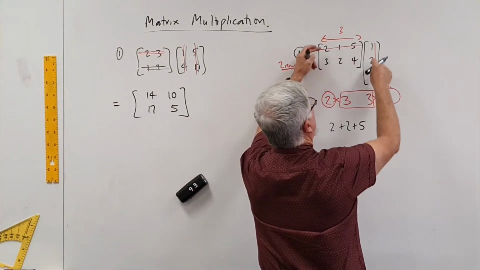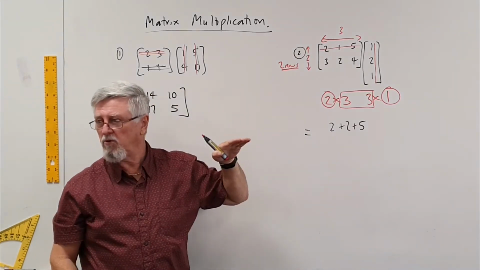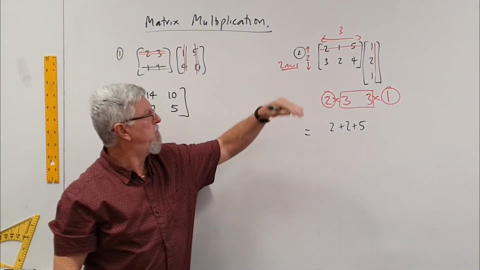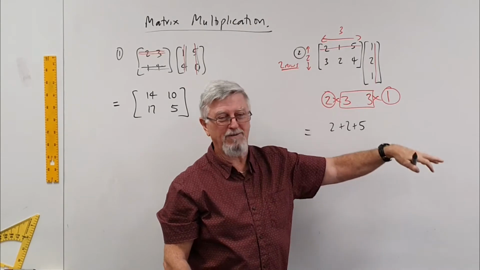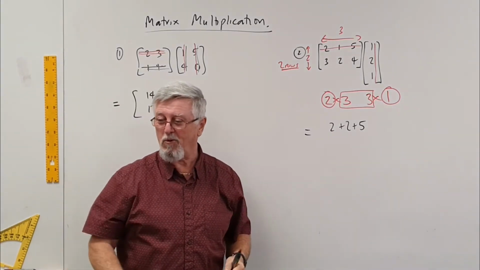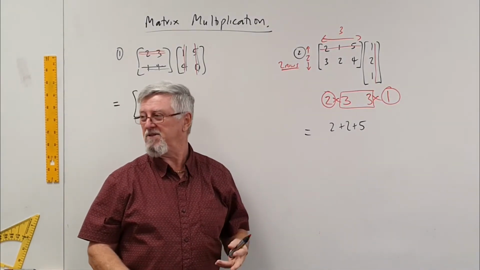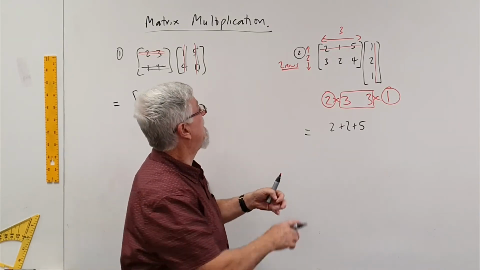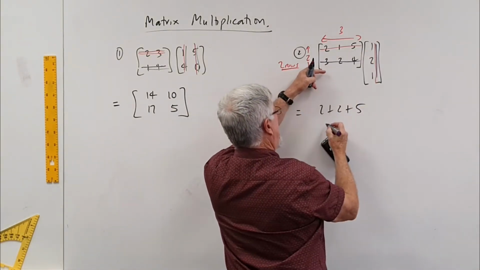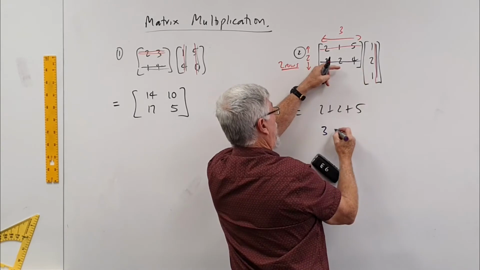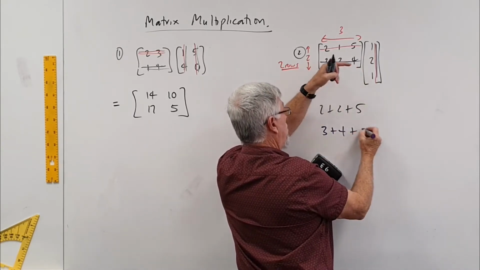And we go, wait a minute, I've finished. That row has poured onto every column. So we're pouring a row onto a column. I don't know if anyone still teaches pouring. Why did my teacher say pouring all those years ago? 3 1s are 3, 2 2s are 4, 4 1s are 4.